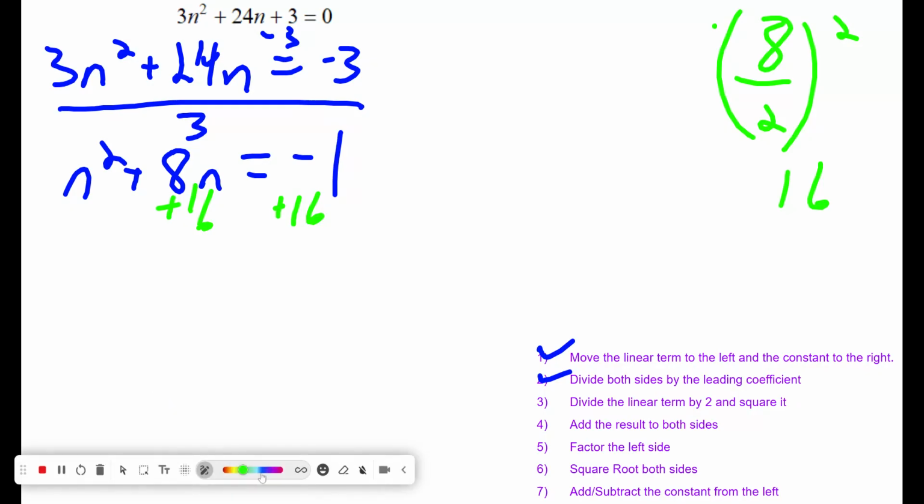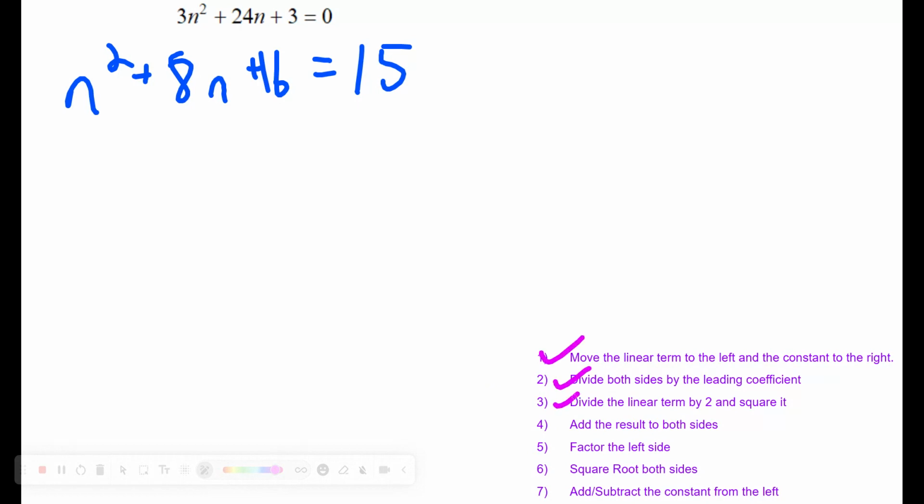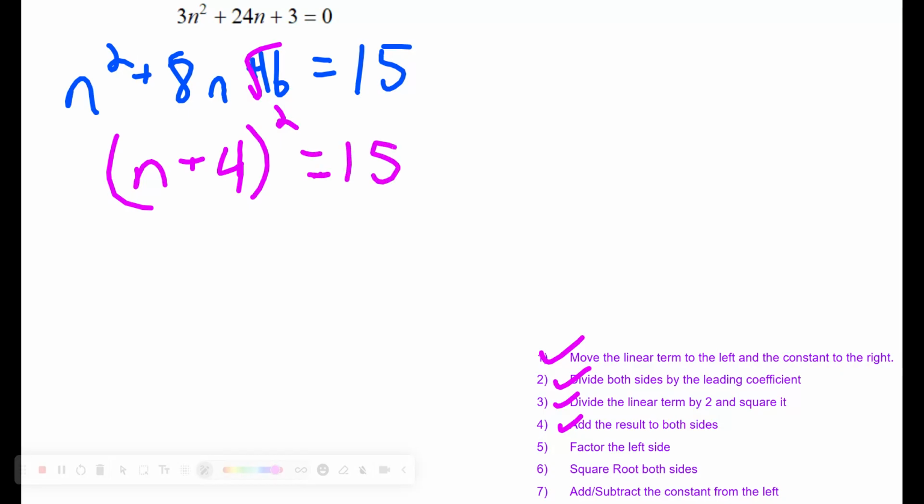And that's going to leave me with the following. n squared. I gave myself a little bit more room since the computer's not writing very well. Okay, so I've done steps 1, 2, 3, and 4. And I factor the left side. I have a perfect square here. Square root that, leaving me with 4 and a plus symbol there. n plus 4 squared equals 15.